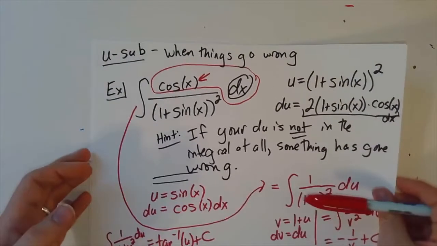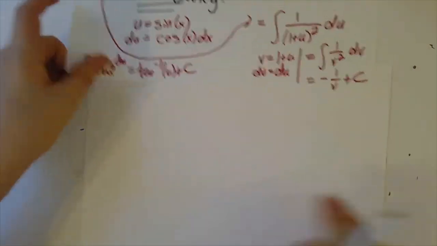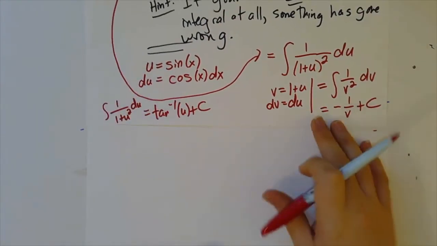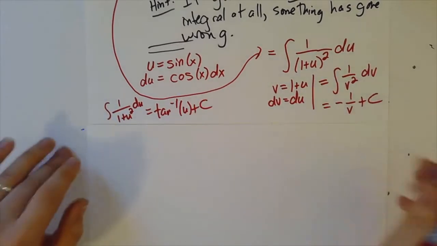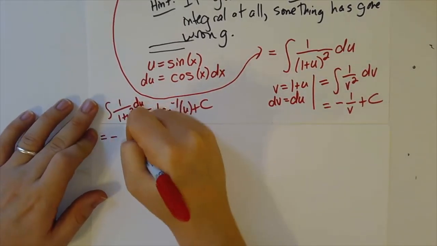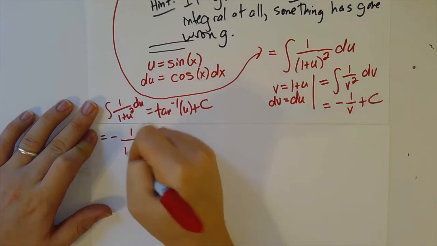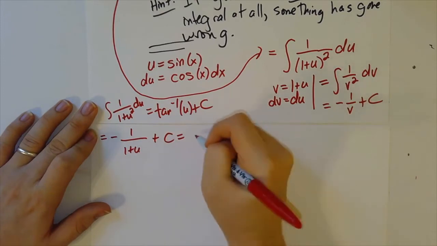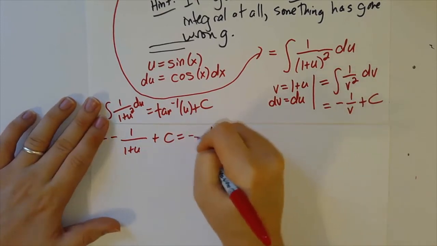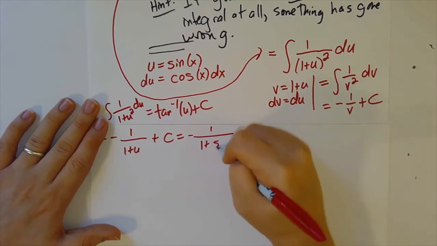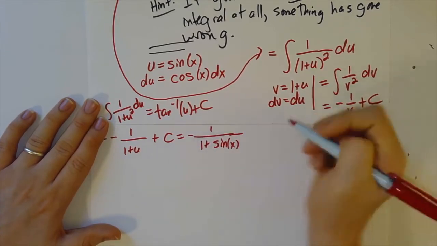And then I have to go ahead and back substitute, so I have to translate everything backwards. So that is the same thing as minus 1 over 1 plus u plus c, which is the same thing as minus 1 over 1 plus sine of x plus c.